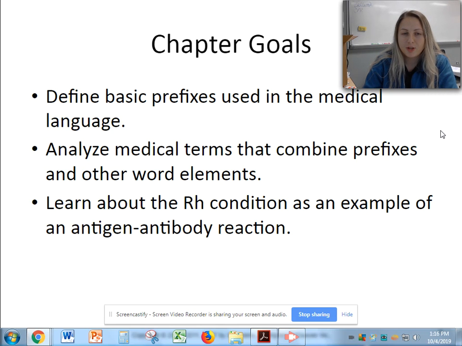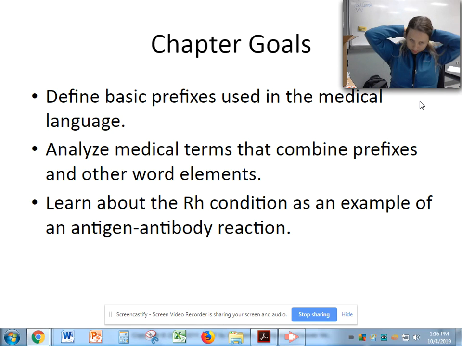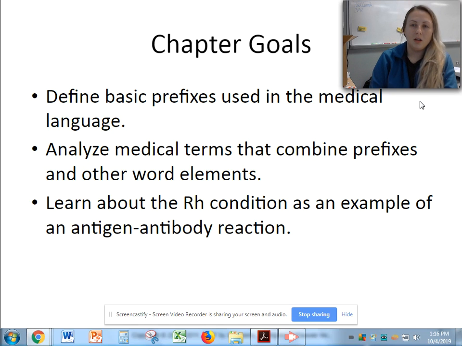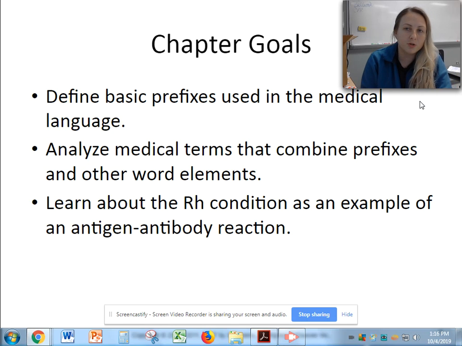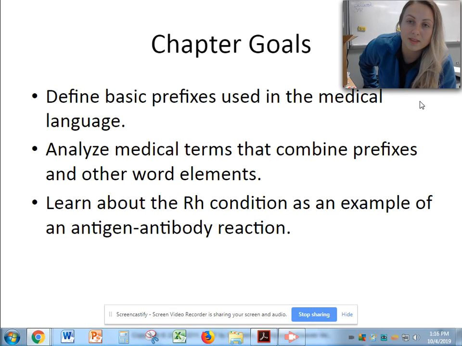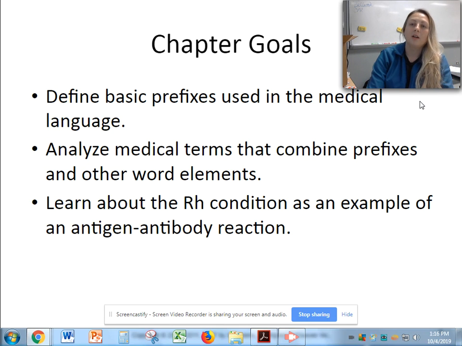We're also going to learn about the RH condition as part of an antigen-antibody reaction. This is common with an expectant mother. If she is RH negative and the baby is RH positive, then the body will actually attack the baby. So there are usually suppressant shots that they give expectant mothers that are RH negative, just in case.